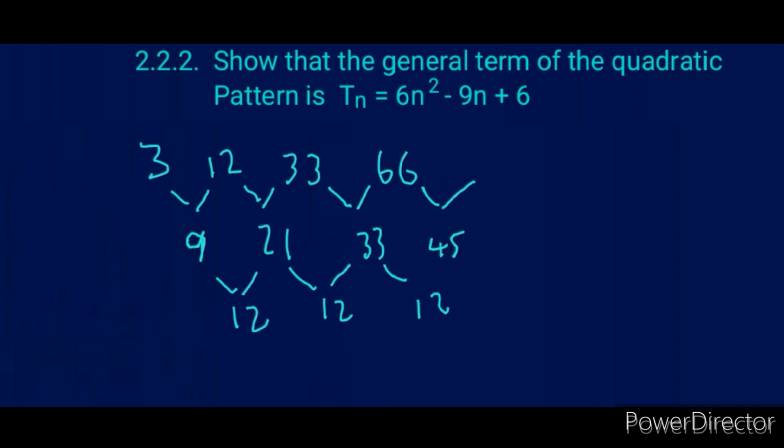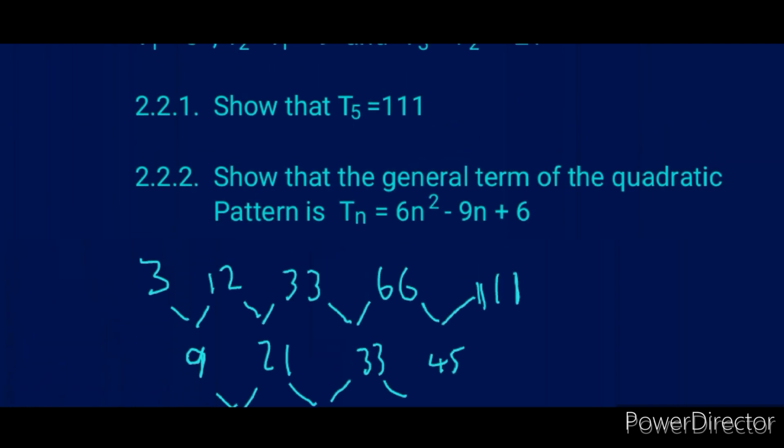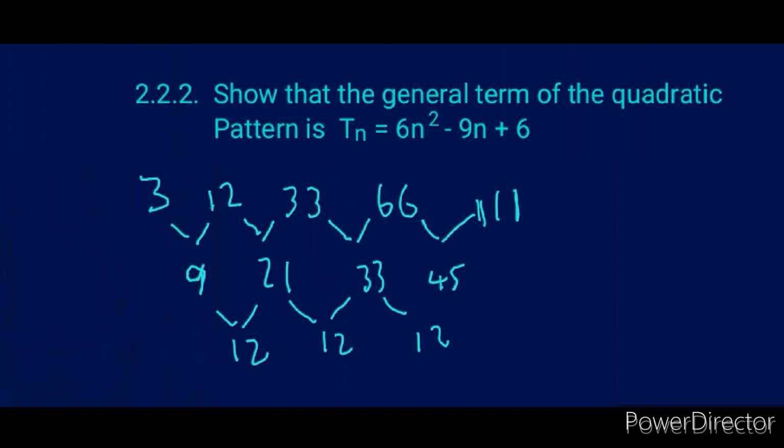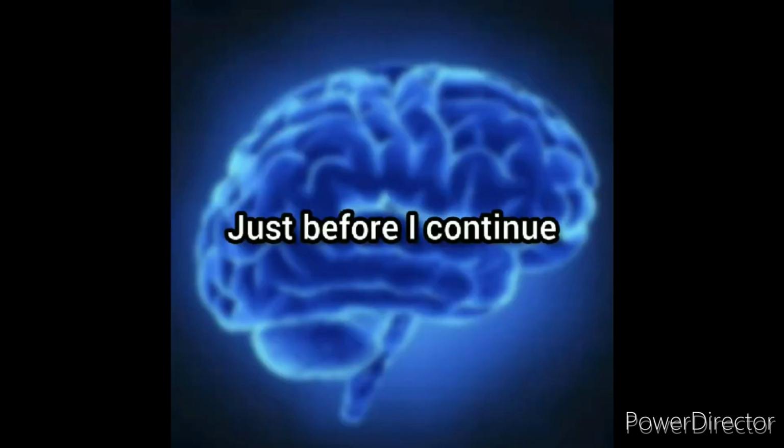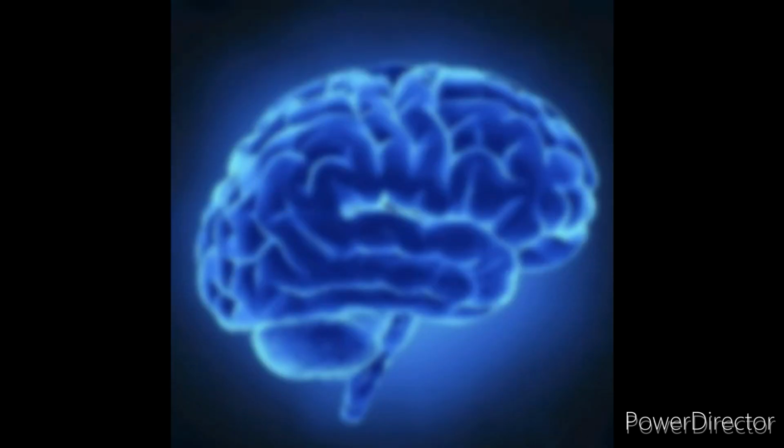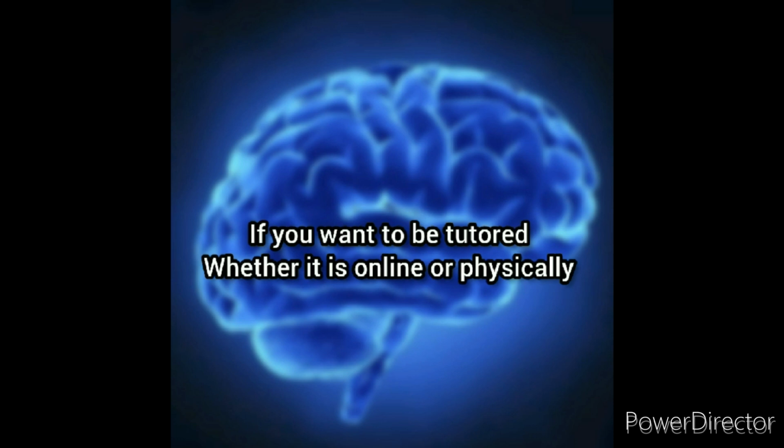So 66 plus 45 is 111. So it's triple one, exactly as they asked us. They say show that T5 is triple one. So we've solved it.